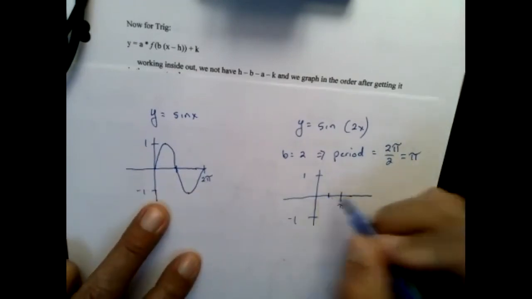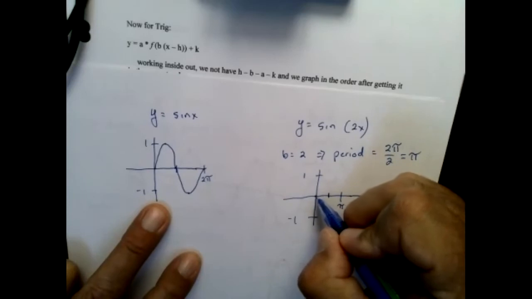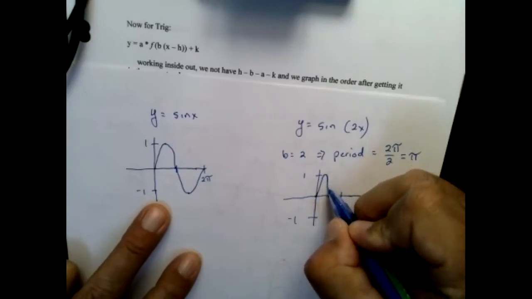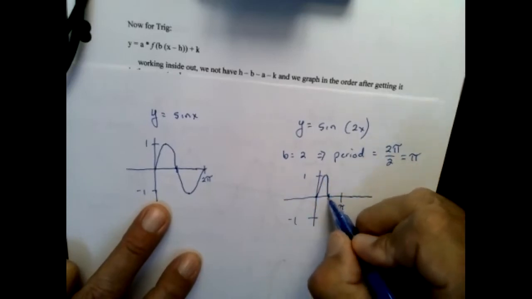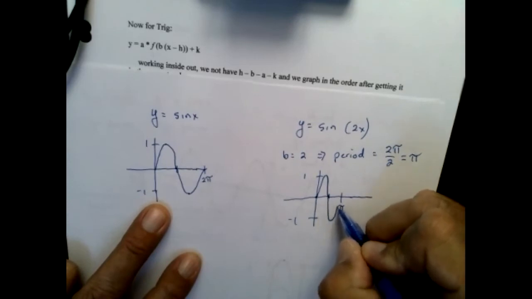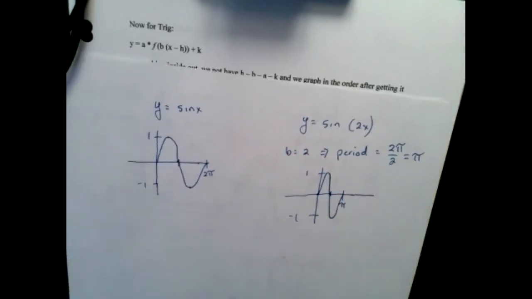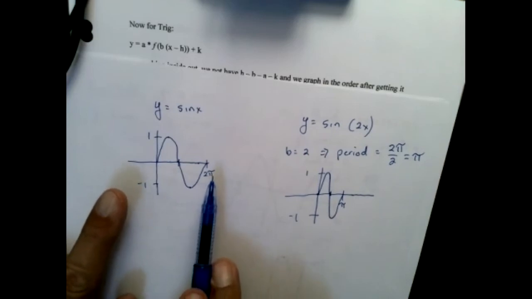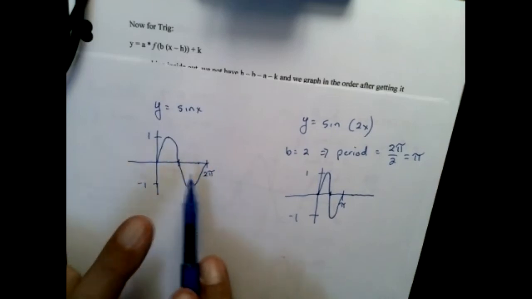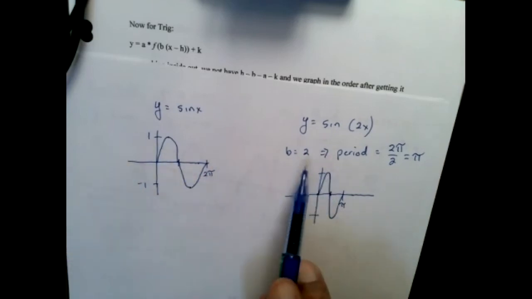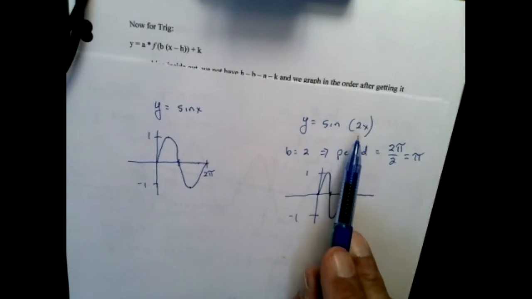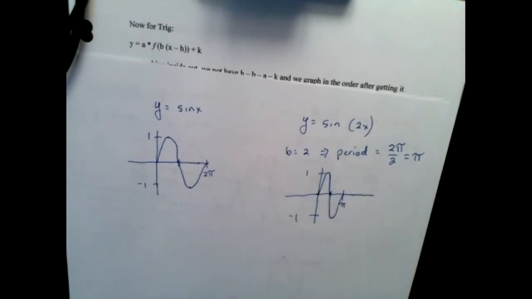So I'm going to start here, go up to 1 and back down by pi over 2, down to -1 and back up to pi. So this sort of takes my graph and shrinks it. It changes the period. That darn B changes my period.